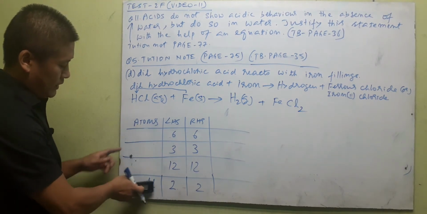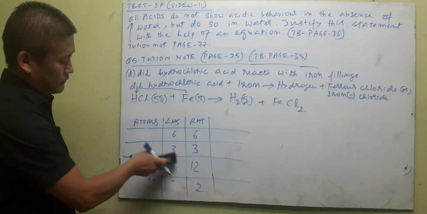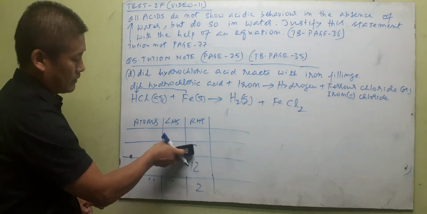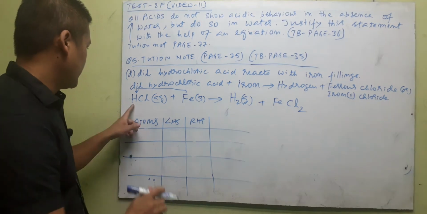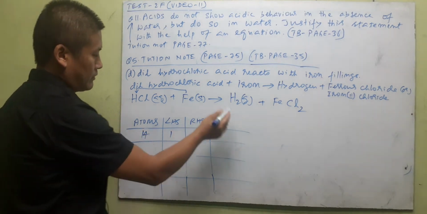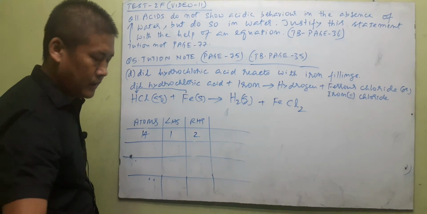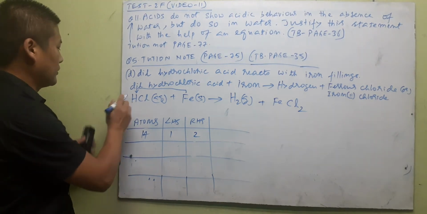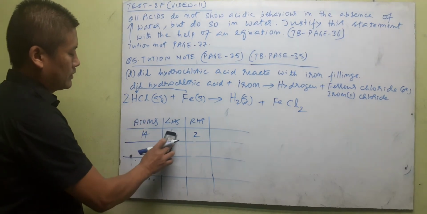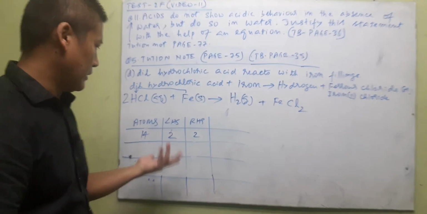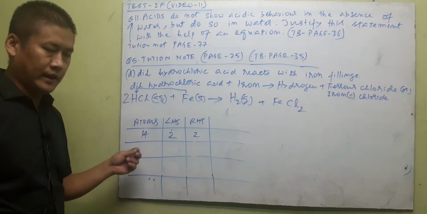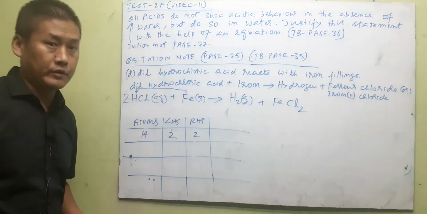So you make another box like this for this equation with your pen. Just do it slowly, no need of a scale. First atom, H: 1 on the left side, 2 on the right side. Cannot be, so to make it equal, you write 2 in front. Now this has become 2. We write inside the boxes with pencil so we can adjust, because we're doing it by trial and error, right?